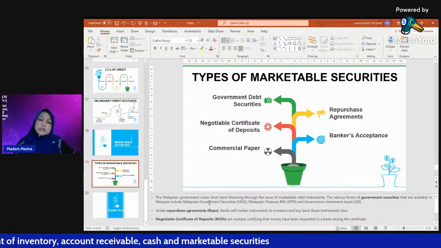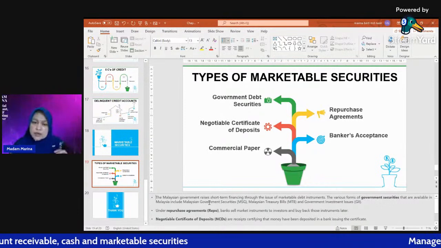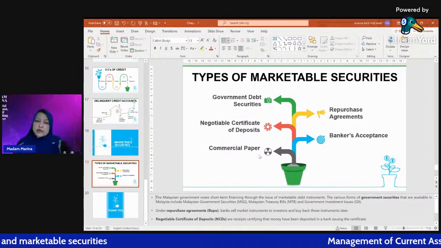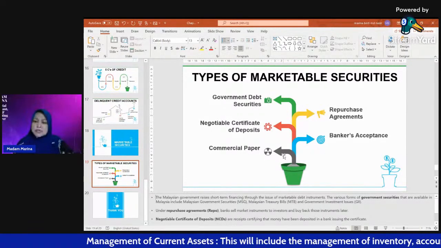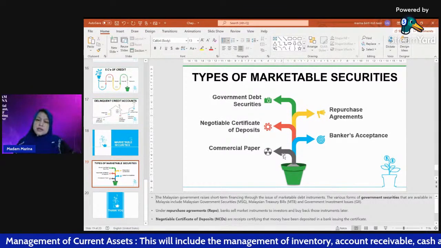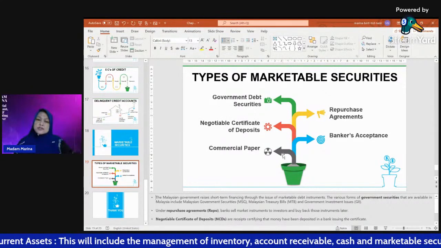So these are the types of marketable security: government debt security, negotiable certificates of deposit, commercial paper, repurchase agreements, and banker acceptance.